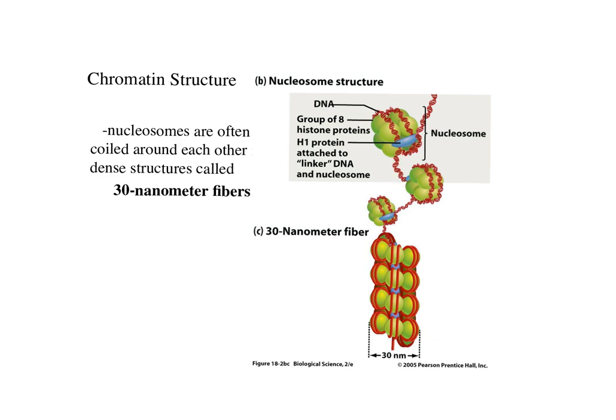Here's that string, bead, string, bead, string, beads, string, and then it's usually wrapped up about like that. This is normal chromatin. This is open chromatin, regular chromatin, not chromosome.